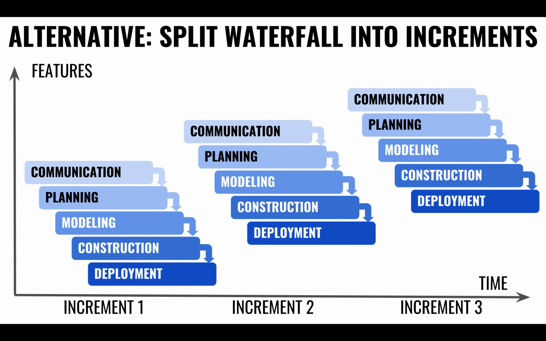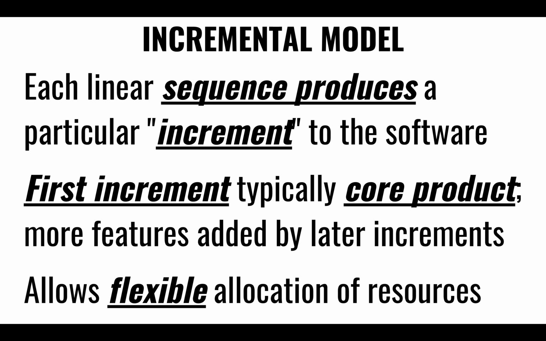So over time, folks identified the need to not do the one shot, but instead break it up into smaller chunks, right? And apply the overall process of communication, planning, modeling, construction, deploying over and over time, for different features and provide different increments that added incremental value to the project.